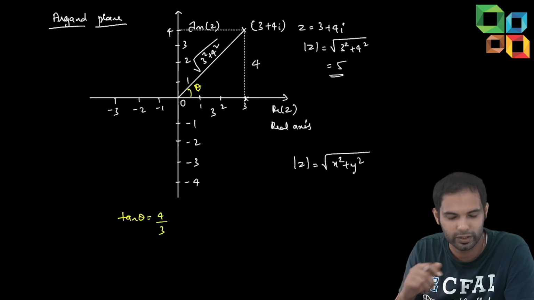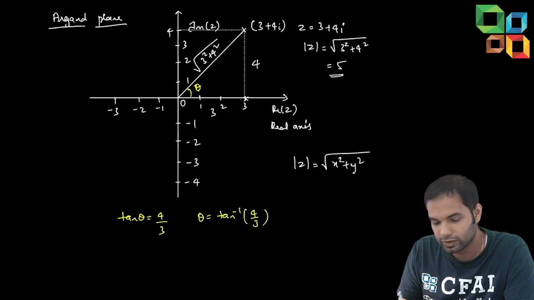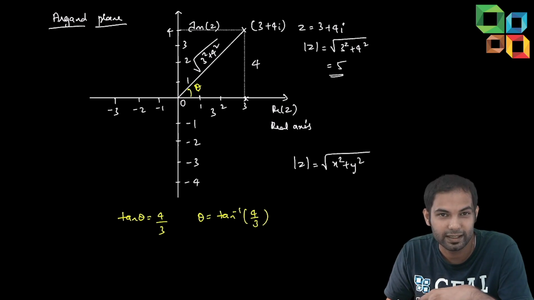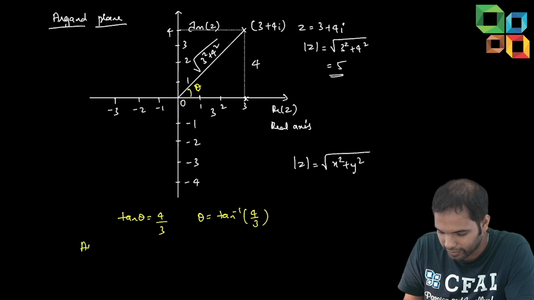So theta is nothing but tan inverse of 4 by 3. This angle, tan inverse of 4 by 3, is nothing but the argument of your complex number.